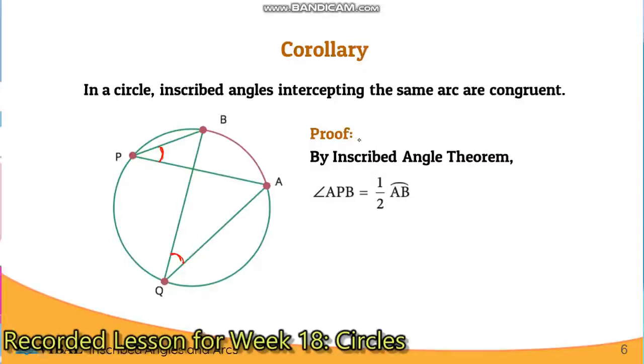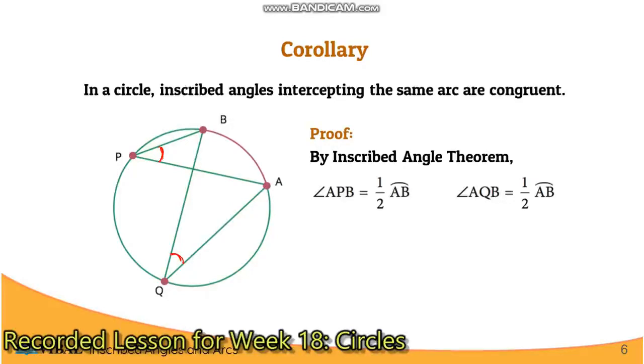So, we have angle APB here. APB, that is half of arc AB. Next, we also have angle AQB, that is also half of arc AB. Why? Dun sa unang theorem natin kanina, states that the measure of the inscribed angle is half the measure of the central angle.